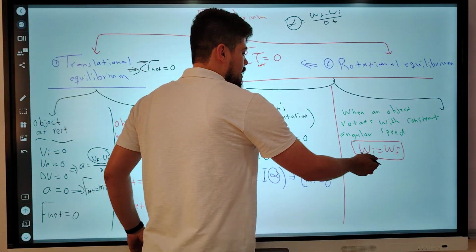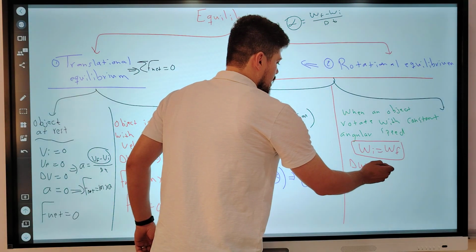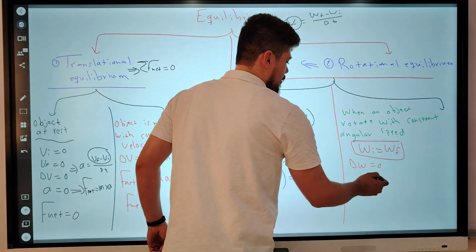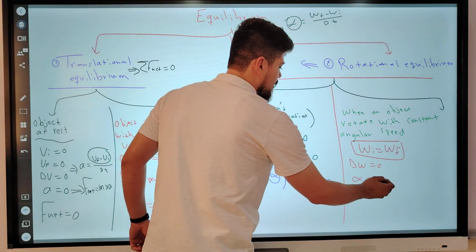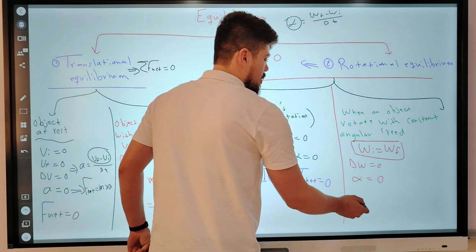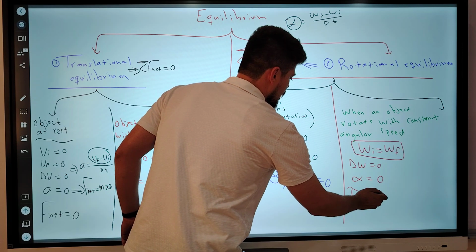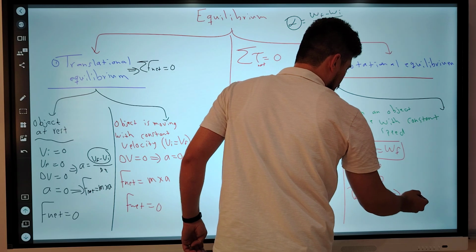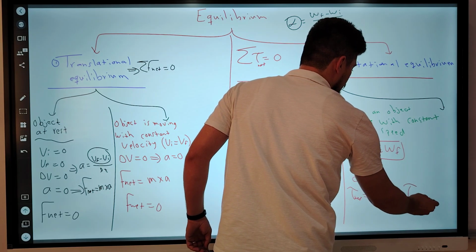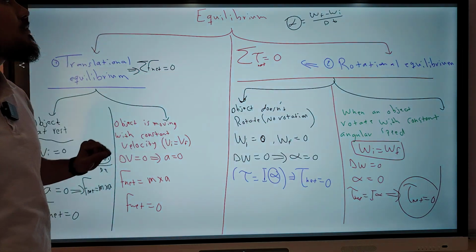Because when omega initial is equal to omega final, delta omega, the change in angular speed, is equal to 0. So alpha is also equal to 0. According to this equation, net torque is I alpha. If alpha is equal to 0, net torque is also equal to 0.